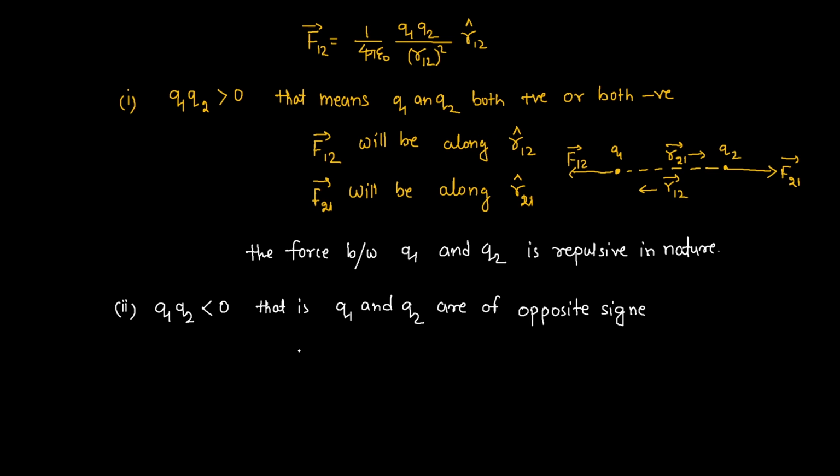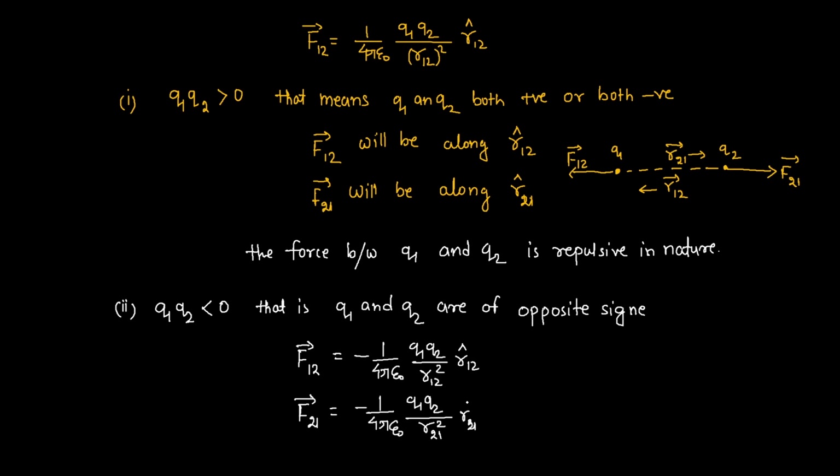Then F12 is equal to minus of 1 by 4 pi epsilon naught Q1 Q2 by R12 square R12 cap, and F21 is equal to minus 1 by 4 pi epsilon naught Q1 Q2 by R21 square R21 cap.